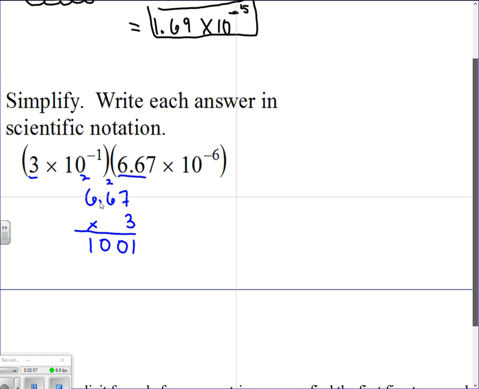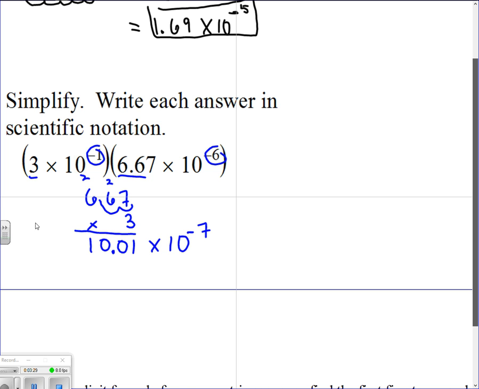Now move this decimal as far as you can to the right, 2 places. Now right here, move it to the left the same number of places, 1, 2. So now the answer is 10.01 times 10 to the, now combine the exponents. -1 combined with -6 will give you -7.